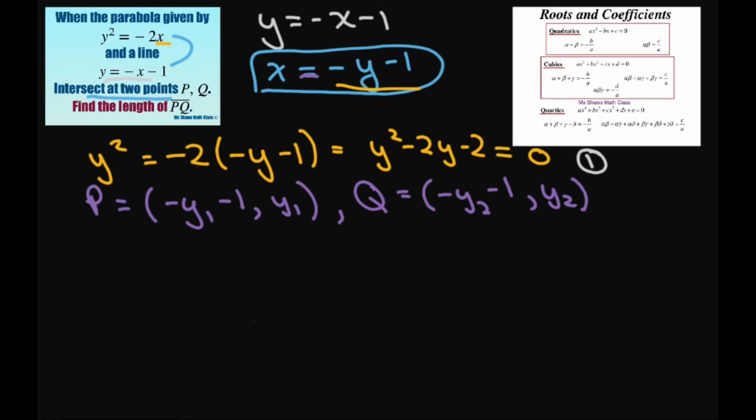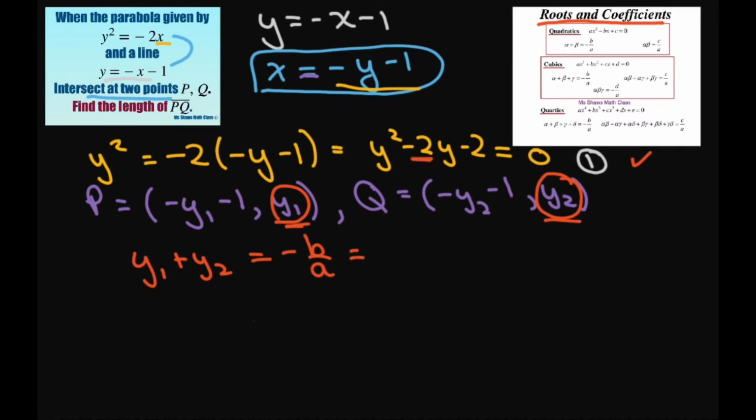All right. And since we did that, we have y sub 1 and y sub 2, due to the intersection, are the roots of this equation 1. So these two are the roots. By the nature of roots and coefficients, if I add y sub 1 plus y sub 2, that's going to equal negative b divided by a.